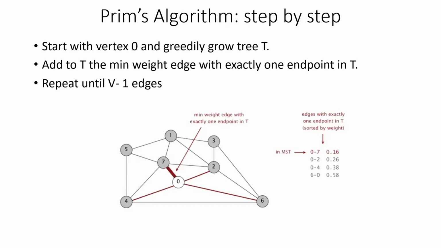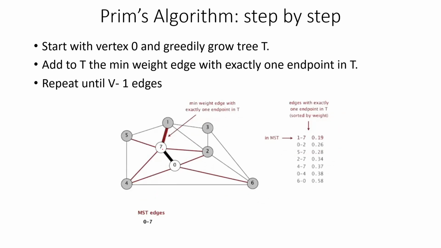The edge with the minimum value is between 0 and 7, so we add this edge into our minimum spanning tree. Then we have two vertices in our minimum spanning tree, 7 and 0.